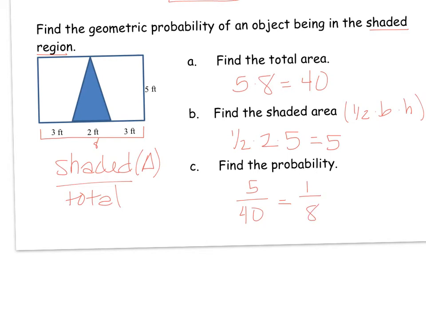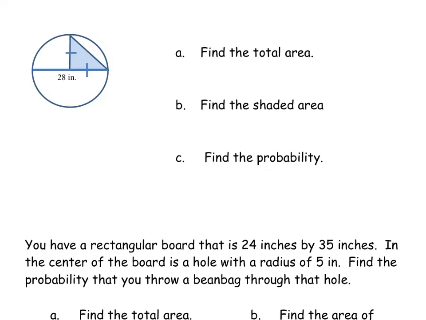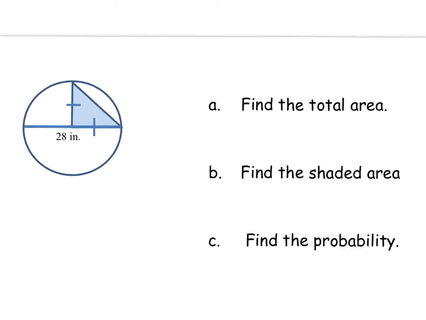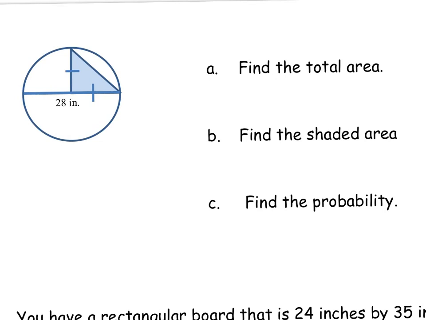Another example of finding geometric probability, of finding the shaded area. So here's another one. I have this problem. It says find the total area, so we want to find the area of the shaded region. The total area is a circle, which is going to be pi r squared.